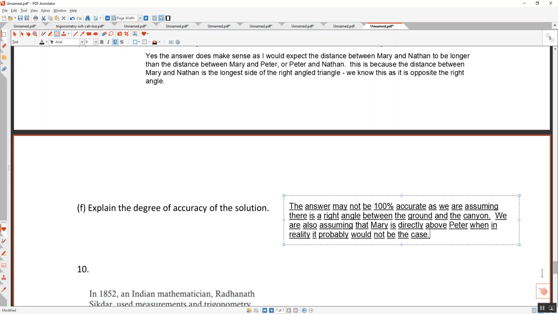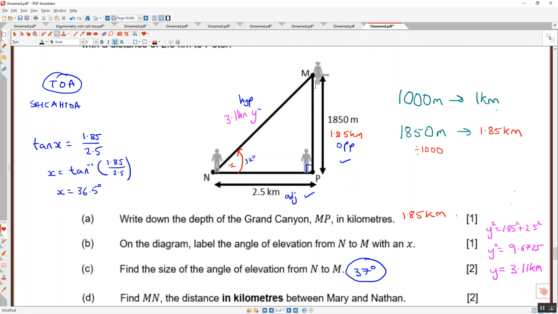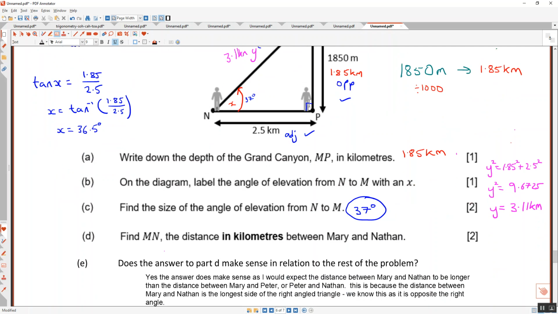Okay? Gotta think, this is a canyon, this is supposed to be a real life example. Mary is probably, if she's in the Grand Canyon, sitting at a height of 1.85 kilometers, in reality, she's probably not directly above Peter. This might be a little bit over here, or it might be a little bit over here. This, in reality, is not a right angle, because it's a canyon. Okay, it would be very difficult. These are not straight edges.